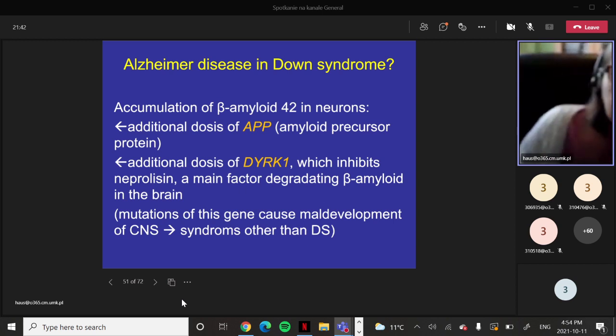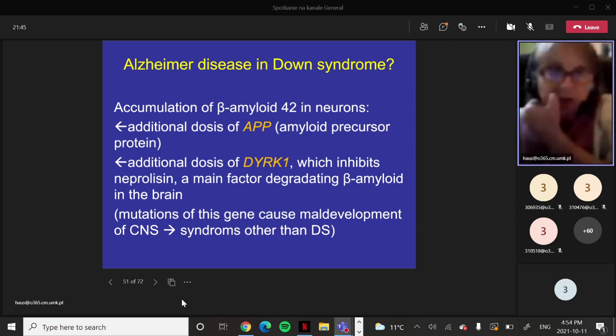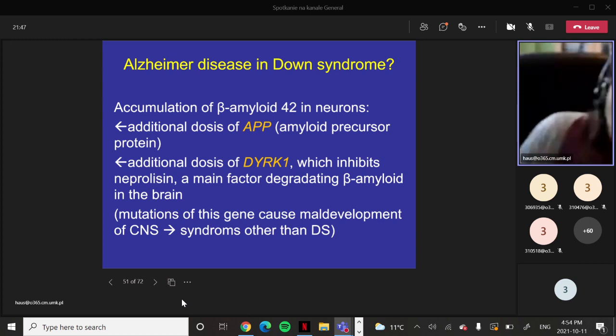It is located in the critical region of Down syndrome, 21q22. The protein product of this gene inhibits neprilysin, which is a main factor degrading beta amyloid in the brain. It is a repetition. I would like to repeat it for you.